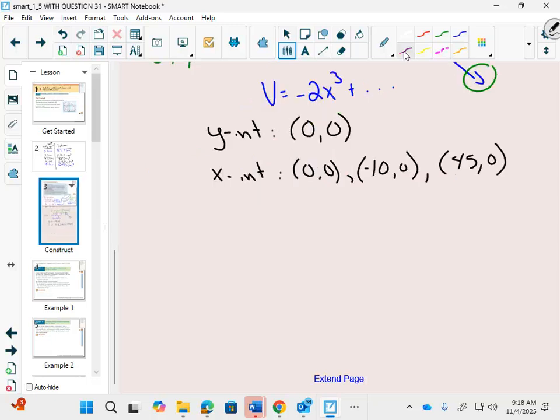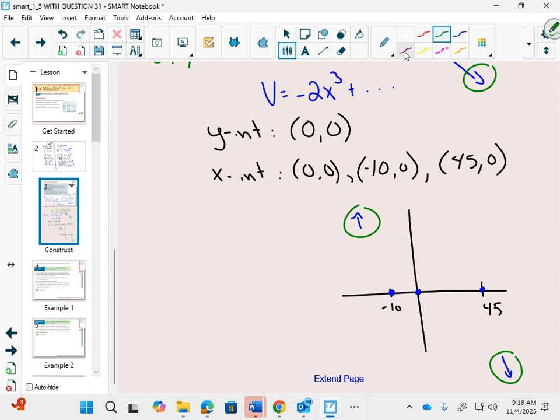So with our end behavior and our intercepts, we can draw this graph. I'm going to just mark 45 there, which would make negative 10 about there. Those are my 3 x-intercepts. One of them is also a y-intercept. And my end behavior, I know that I need to end down here and start up here.